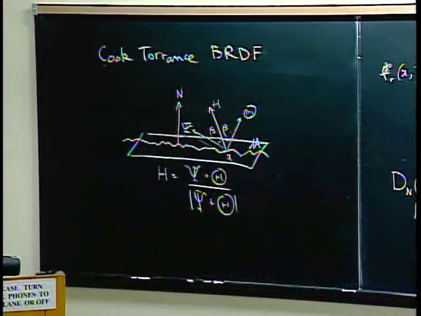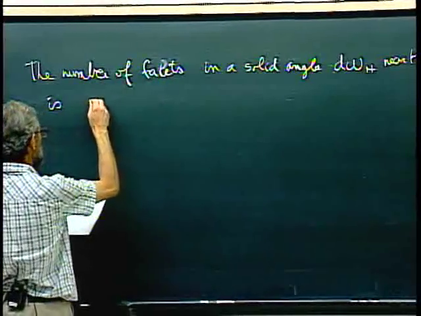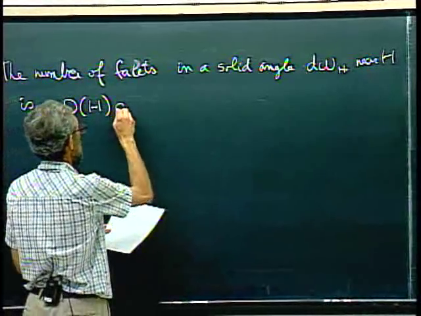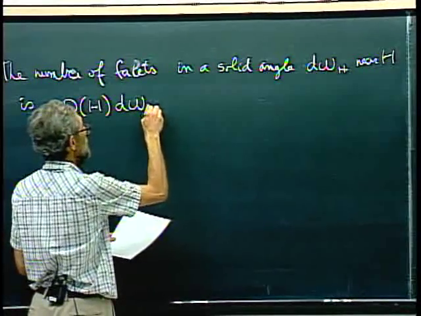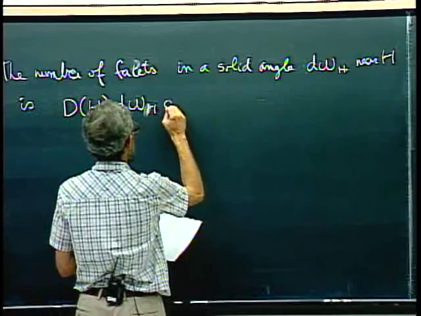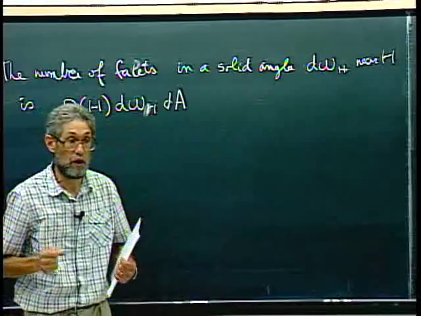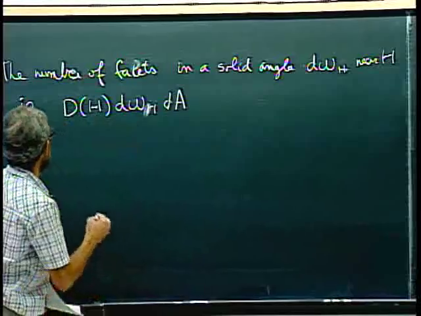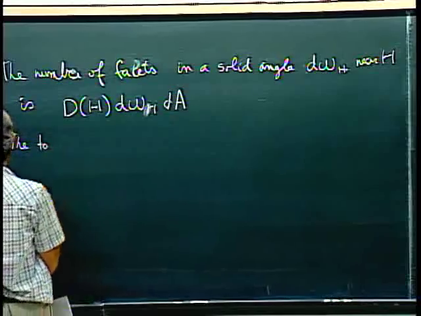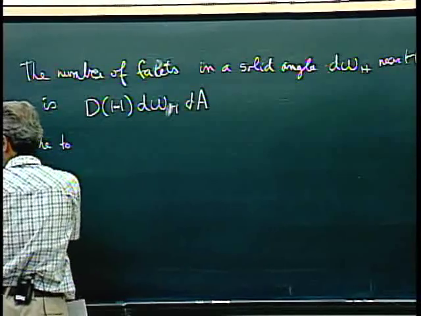So what we have to do to get the actual number of facets is to take that density and multiply it by the solid angle d omega H, and multiply it by the area dA of the piece of the surface we're talking about. Maybe I didn't write all the words here because I should have said per surface area, and this is per solid angle.